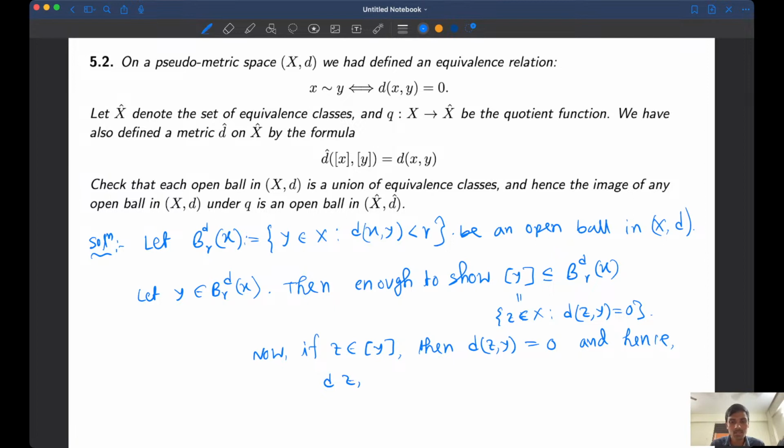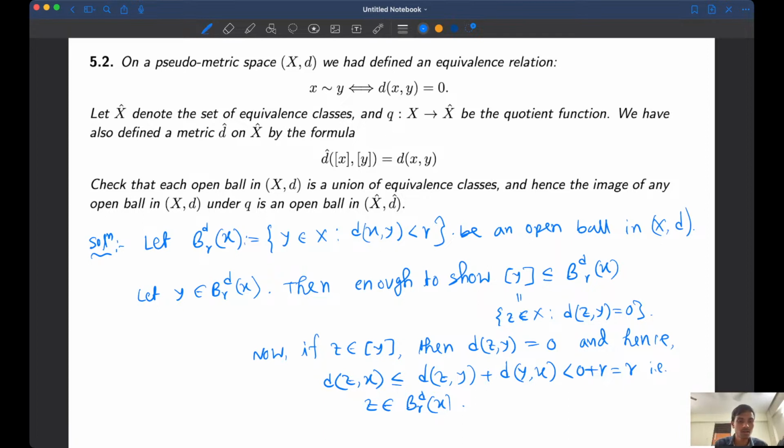By the triangle inequality, d(z,x) is at most d(z,y), which I know, plus d(y,x). But y already belongs to the ball, so the distance between x and y is less than r. So this is less than 0 plus r, which is r. That means z belongs to this ball.